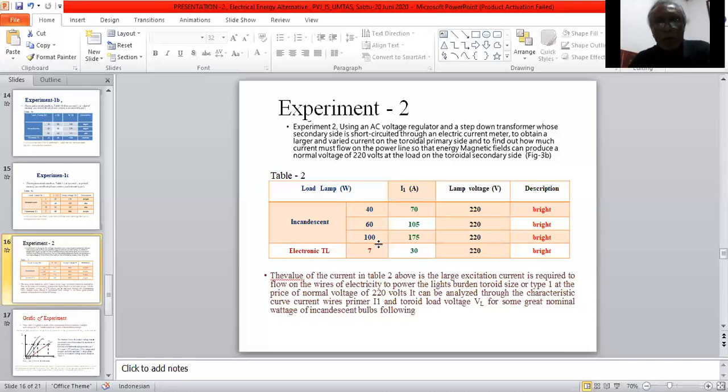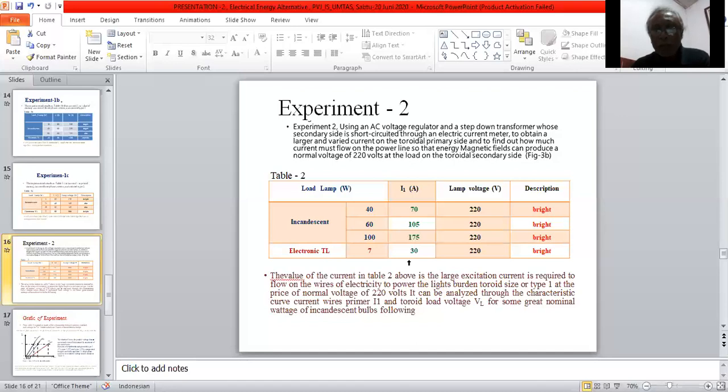The value of the current in table 2 above is the large excitation current required to flow on the electrical wire to power the lamp using toroid size or type 1 at the normal voltage of 220 volts.